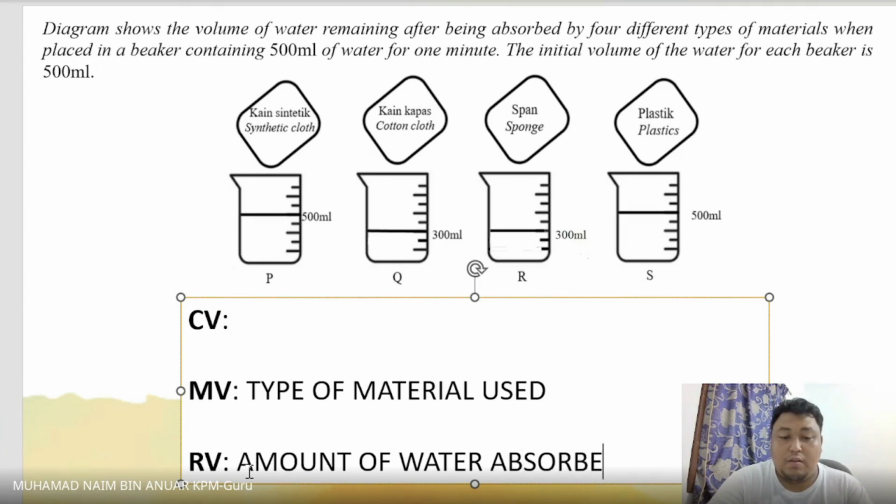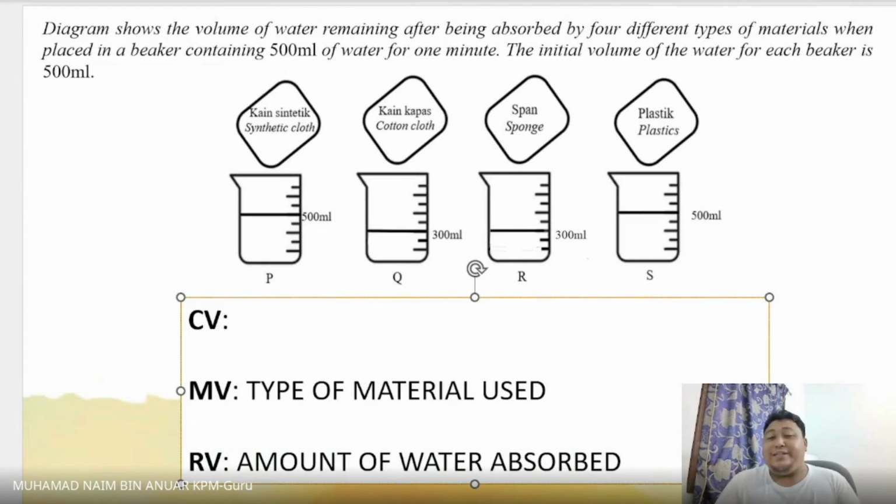Now, answer for CV. Who's the fastest one? All of them get tested. Okay, yes, Sophie, correct. The initial amount of water. That one is correct, Sophie.